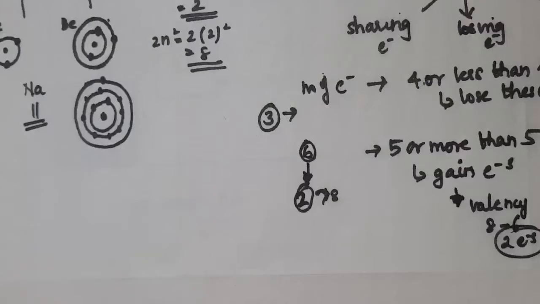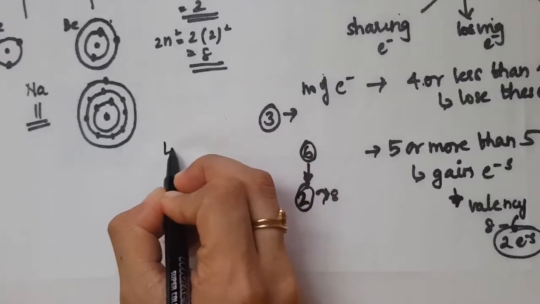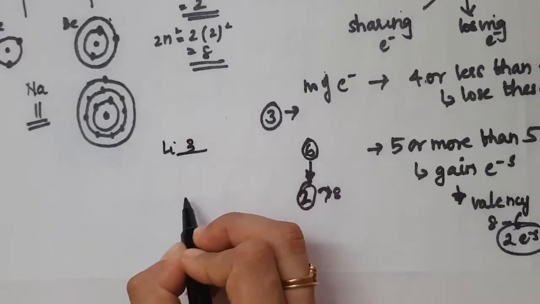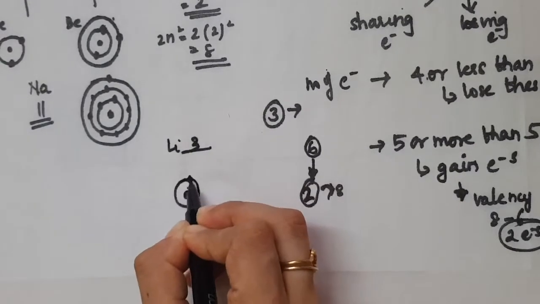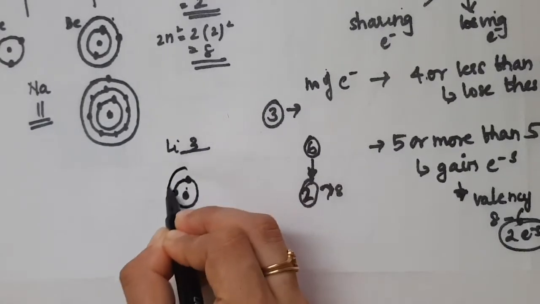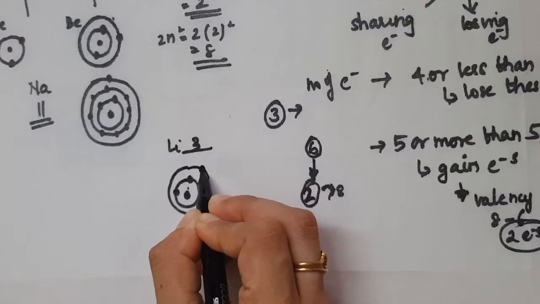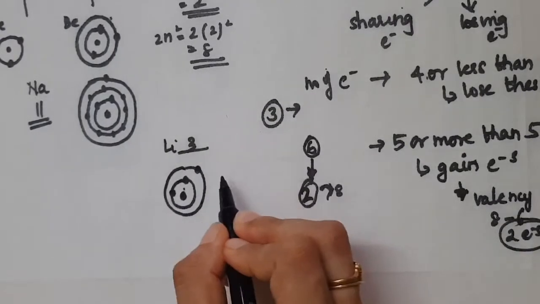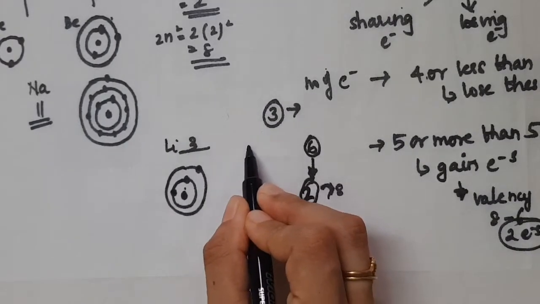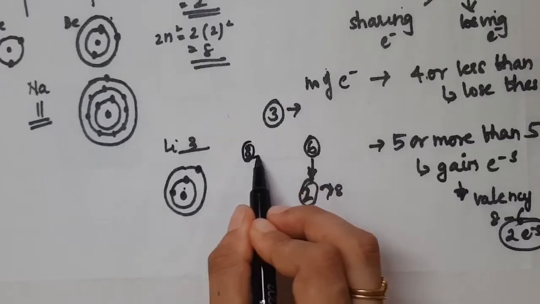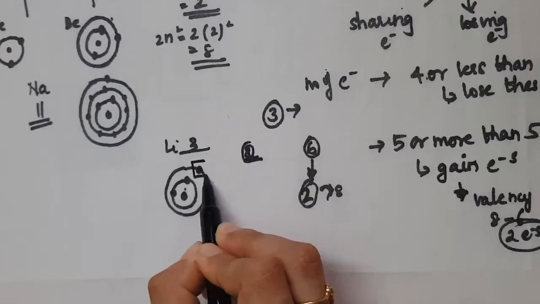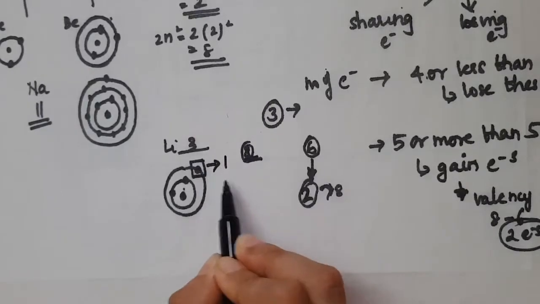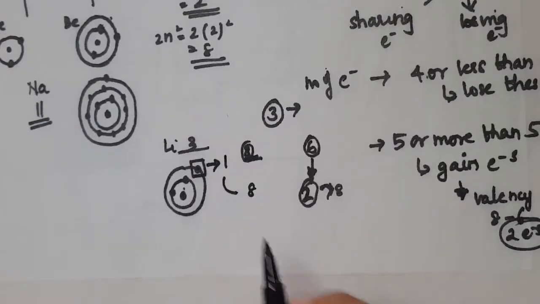Let's consider lithium. Lithium has atomic number 3. So it's got this nucleus, and in the first orbit it has 2 electrons, and in the second orbit it has 1 electron. In the case of lithium, the outermost shell needs 8. So it is easier to lose this 1 electron than to gain 7 electrons.